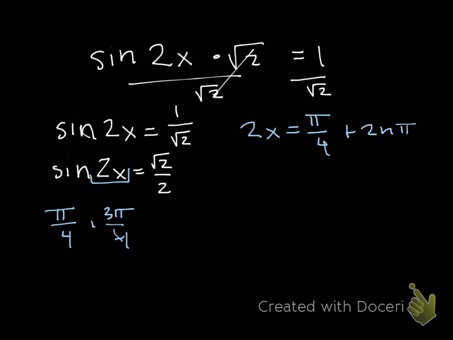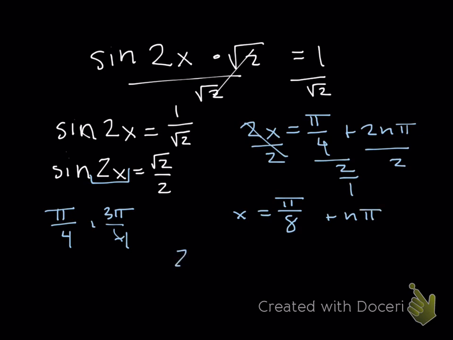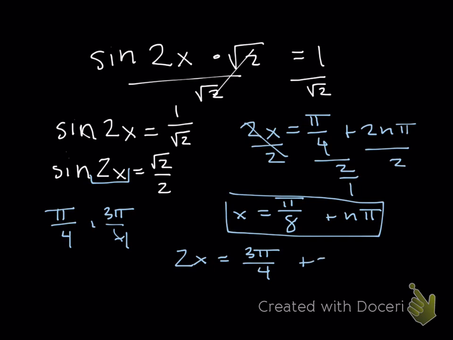And to solve for x, I would divide by 2 to every term. For pi over 4 divided by 2 over 1, I keep change flip. So x will equal pi over 8 plus n pi. And for my second equation, 2x equals 3 pi over 4 plus 2n pi.